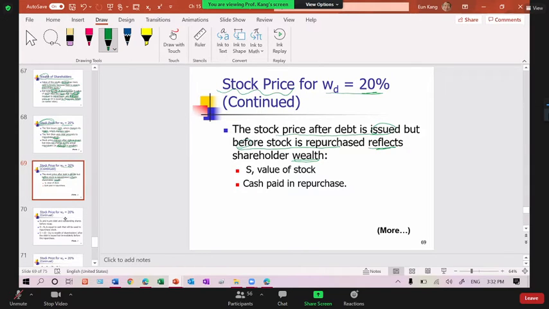S is value of stock, and there is also cash paid in repurchase. So original stockholders keep their stock, but those who sold their stock to the company get cash. So both are shareholders' wealth, right? So stock plus cash.